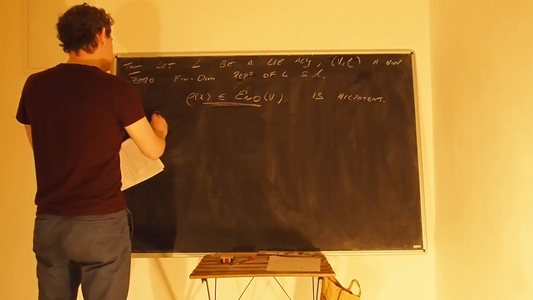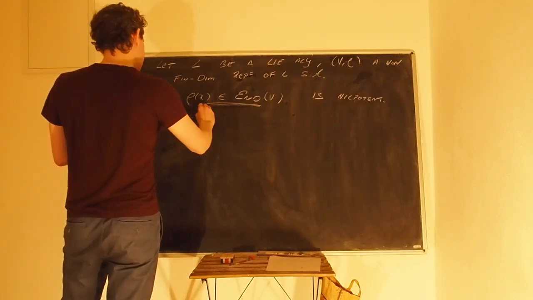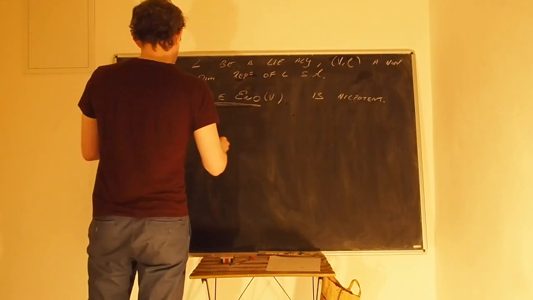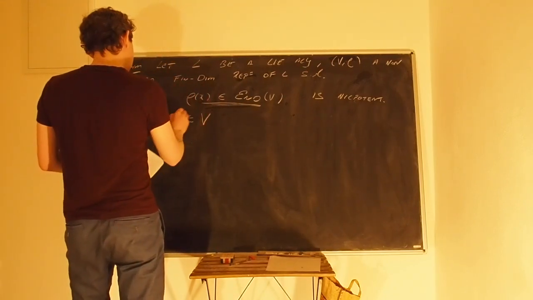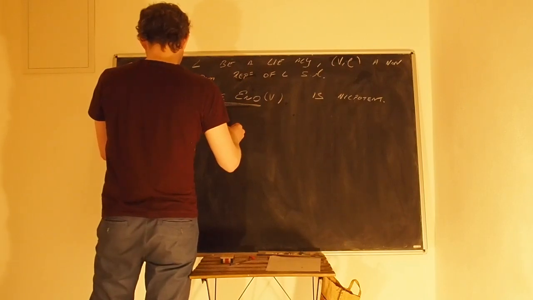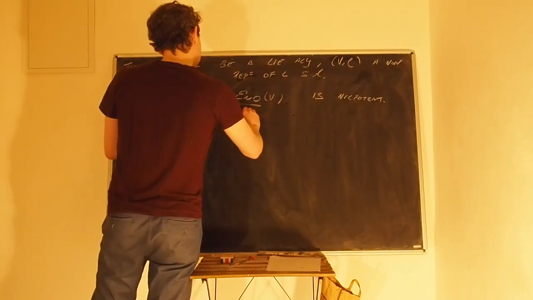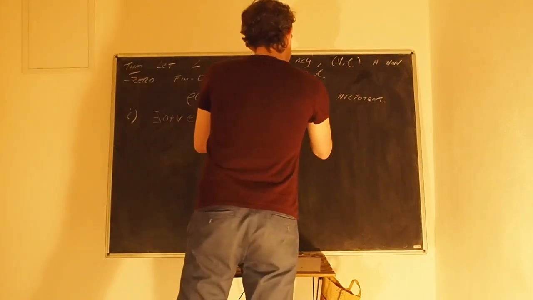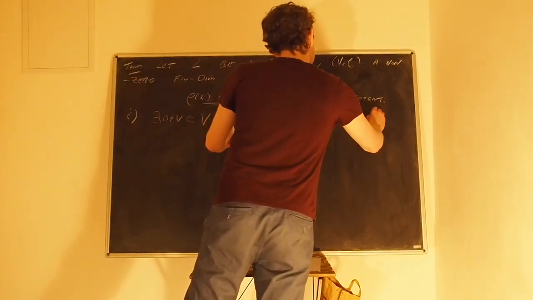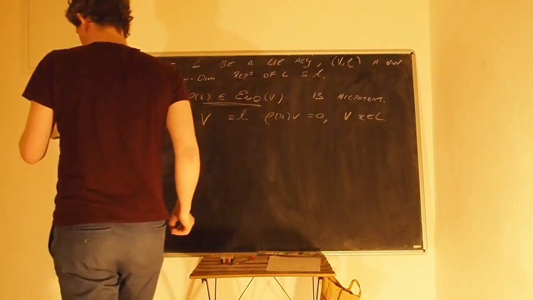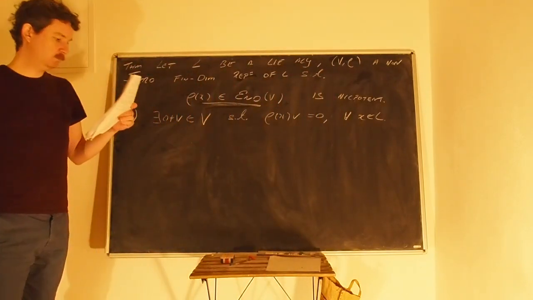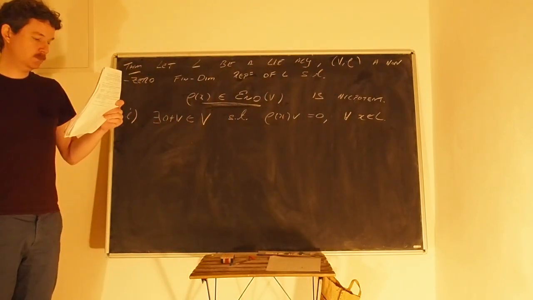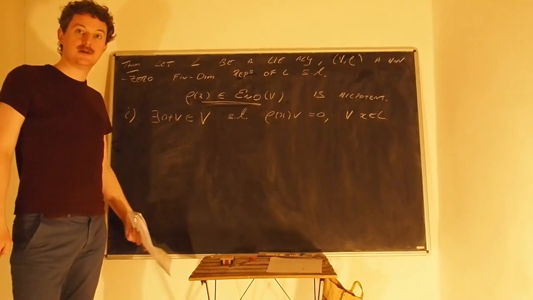first point was that there exists a v contained in V, non-zero, it's important of course, such that rho x applied to v is equal to 0 for all x in L. Okay, it's an L invariant operator.